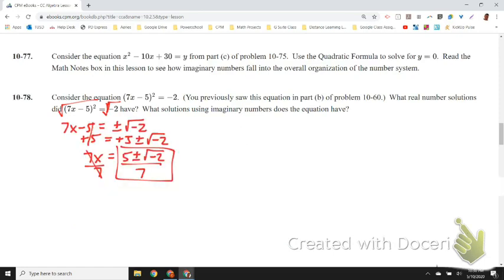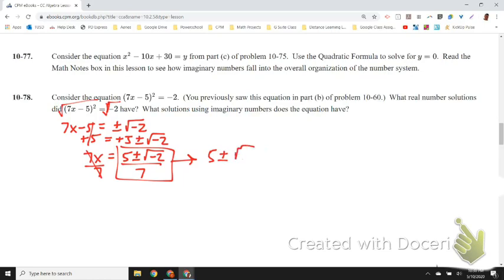Alright, so we get x equals 5 plus or minus the square root of negative 2 over 7. Again, if you want to take it to the next step and change that square root of negative 2, you can say 5 plus or minus i square root of 2, or square root of 2 times i. You just got to be careful.